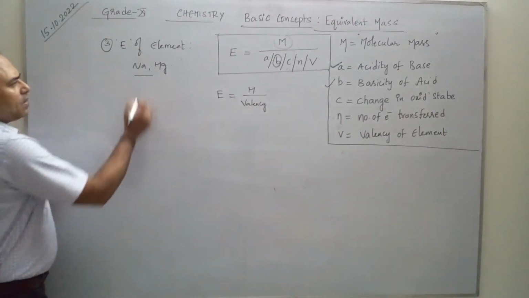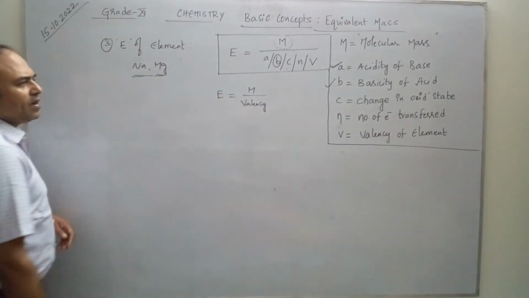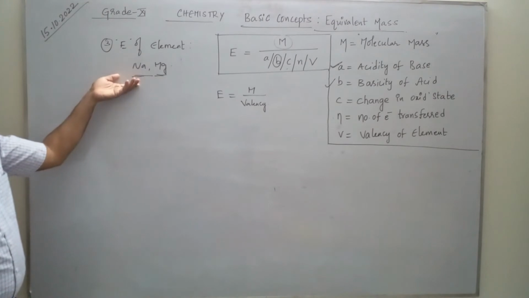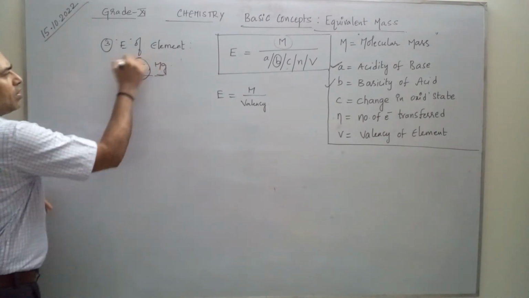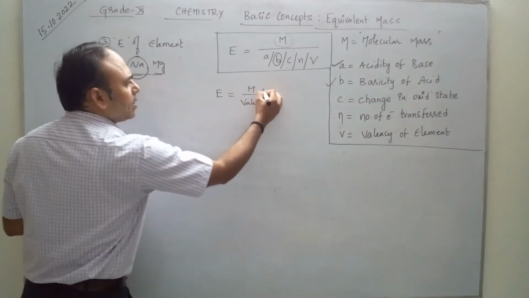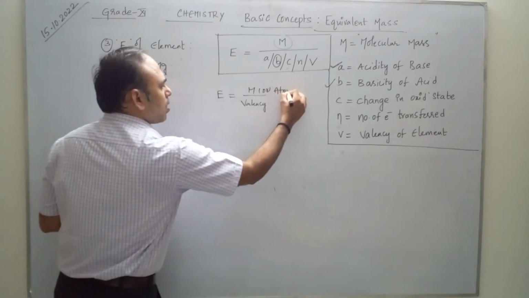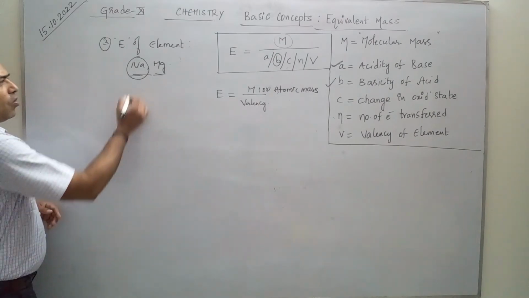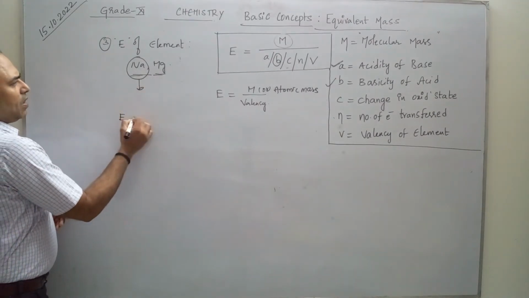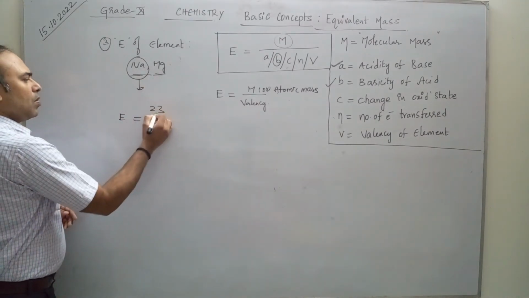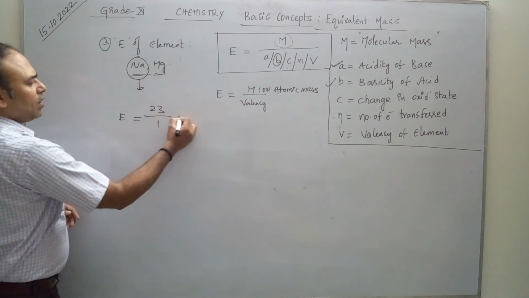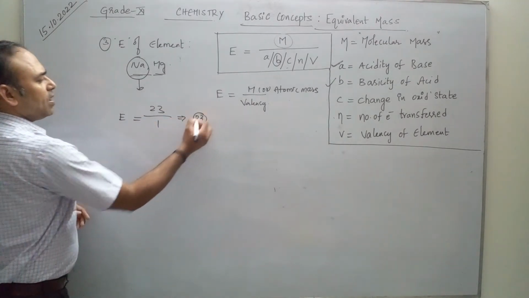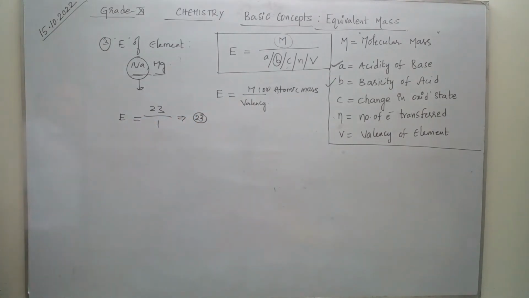Here what will be the molecular mass? We can even call it atomic mass because we are not taking molecules here. Hence this can be written as atomic mass by valency. For sodium, E is equal to 23 by valency 1, hence we can say equivalent mass of sodium is 23.